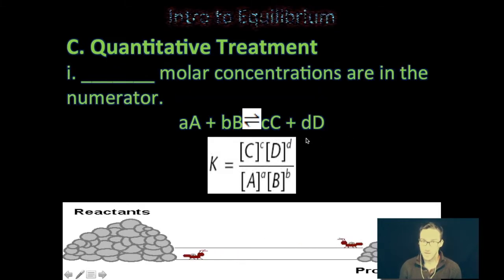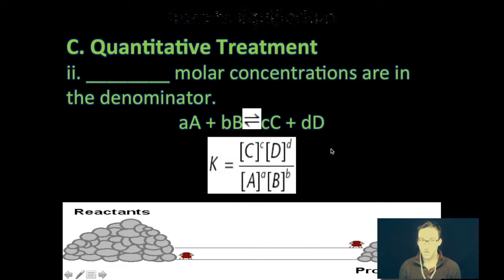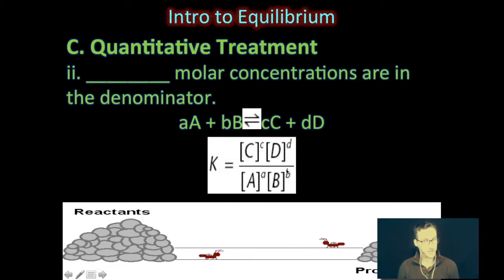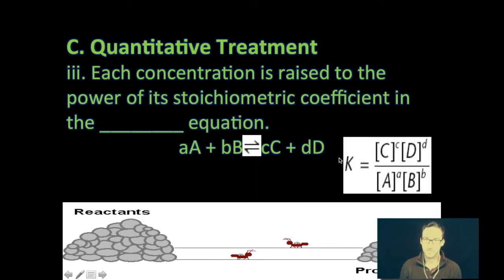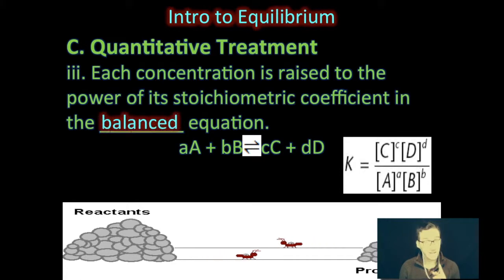Keep in mind that the product molar concentrations are in your numerator there. Your reactant molar concentrations are provided in the denominator there. And each concentration is raised to the power of its stoichiometric coefficient in the balanced chemical equation.